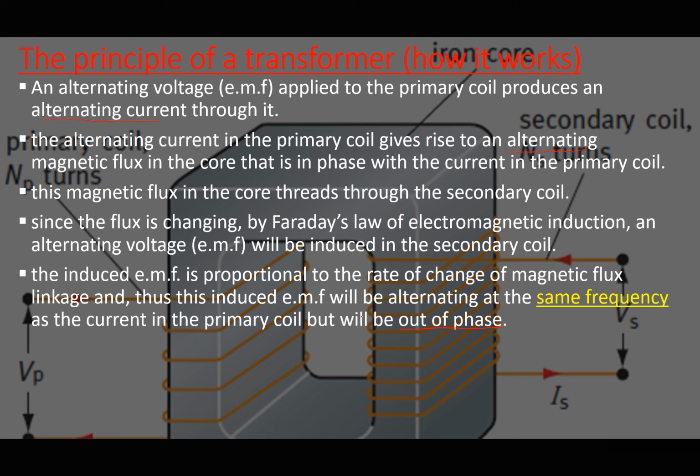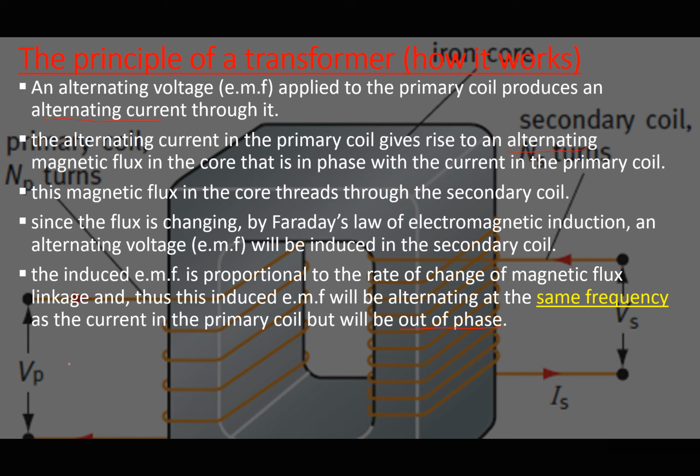The induced EMF will be alternating because the input current or the input EMF is alternating, and it will have the same frequency as the current in the primary. But I'm saying they will be out of phase. To understand why they will be out of phase, we need to think about Faraday's law.